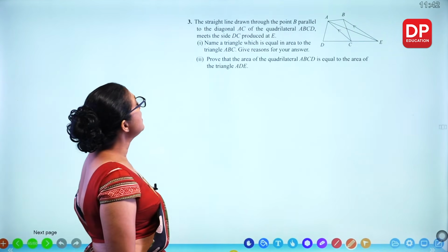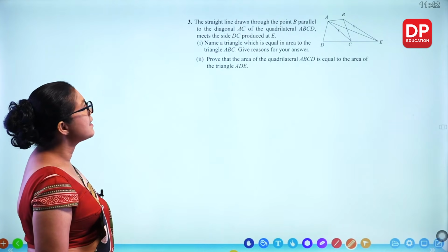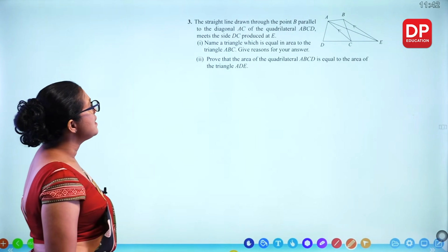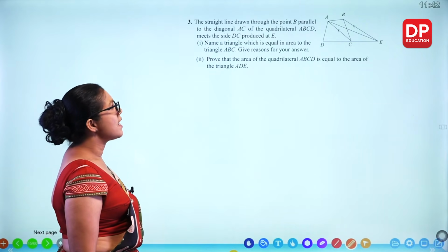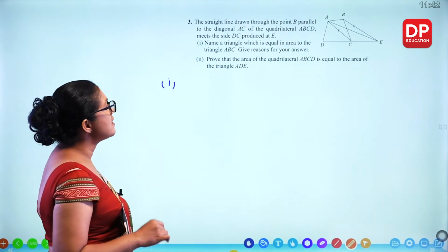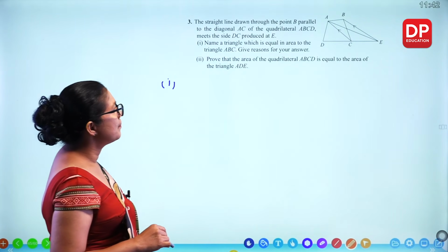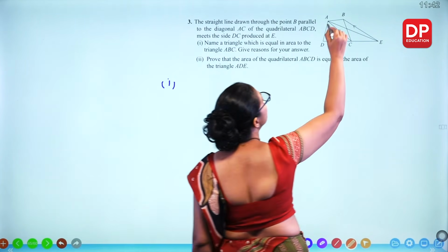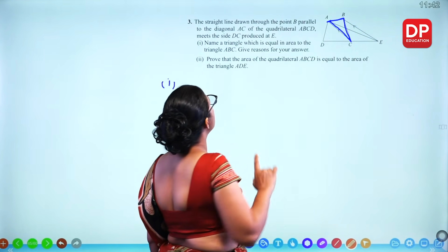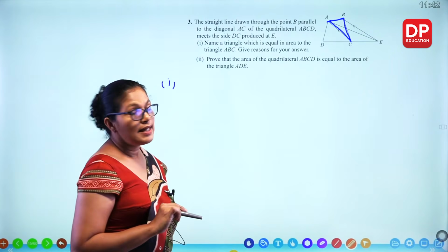Question number 3. The straight line drawn through the point B parallel to the diagonal AC of the quadrilateral ABCD meets the side DC produced at E. Name a triangle which is equal in area to the triangle ABC. Where's ABC? This one. We need to write down another triangle equal in area.